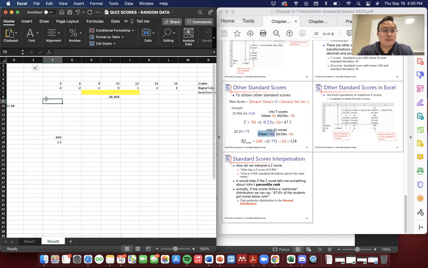These are Z scores, T scores, IQ scores. T is 50, 60, 70, 80, and IQ is 100, 116, and so on. All the same: plus 1 standard deviation, plus 2 standard deviations, right? I'm not going to do this part. I'm assuming you guys can.